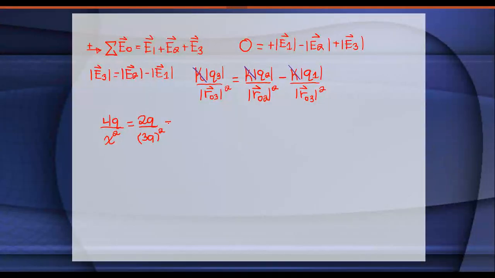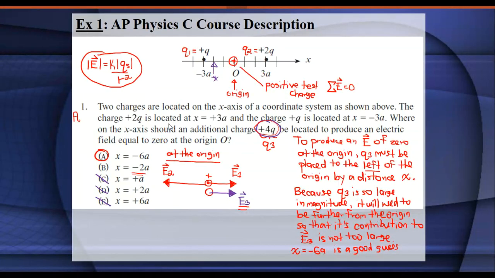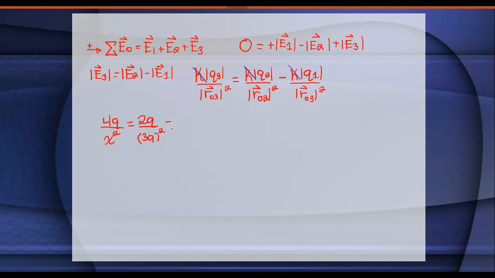And then we subtract Q1, which has a charge magnitude of positive Q, so we can just write it down as Q, divided by the same distance away, just in the opposite direction, so we can write that as 3A squared. I suppose you could write down negative 3A squared, but you're just going to square it anyways. It's just going to get rid of that.